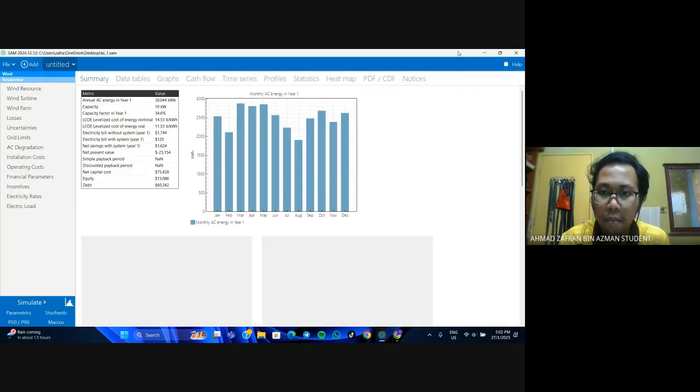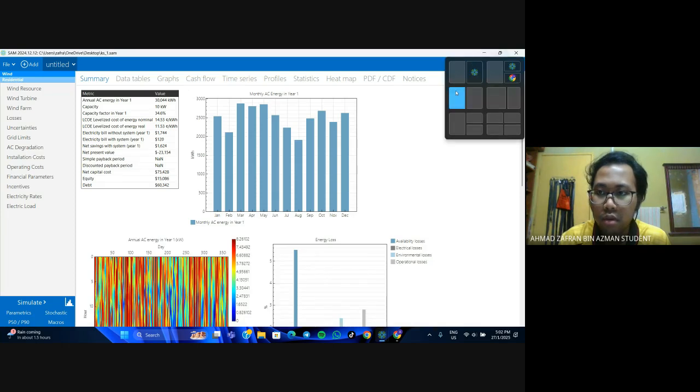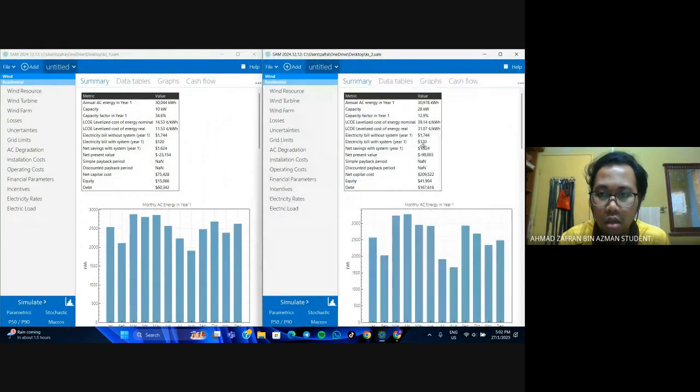When we simulate and compare with the first model, the usage or the capacity here is different. The second model uses a lot less capacity than the first model.